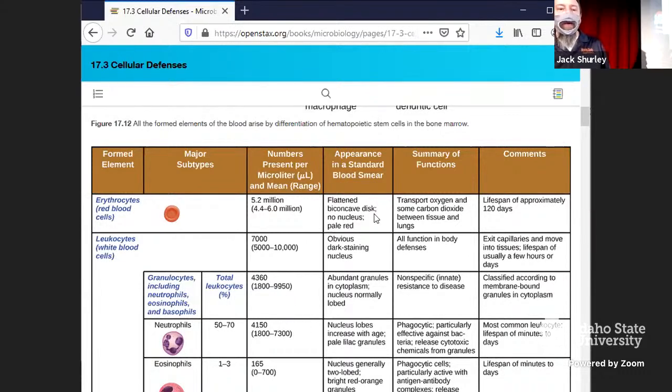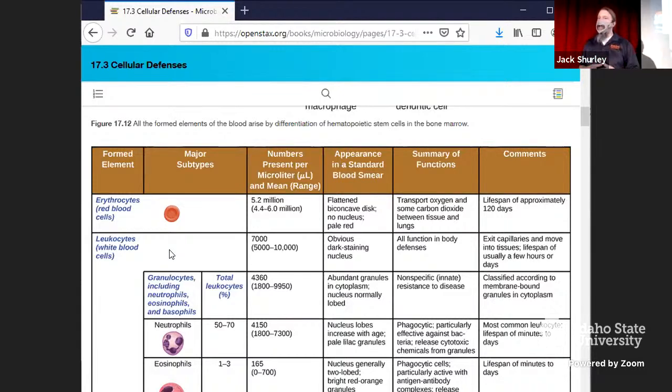There are things I will touch on here, but we think more about some of the function. Some of these details are important to think about with these respective types of cells or fragments when we get down to the platelets.